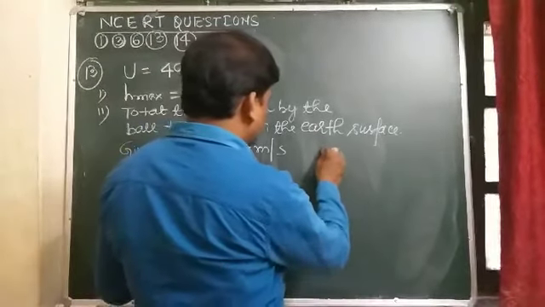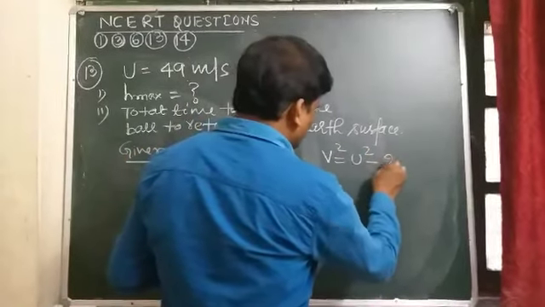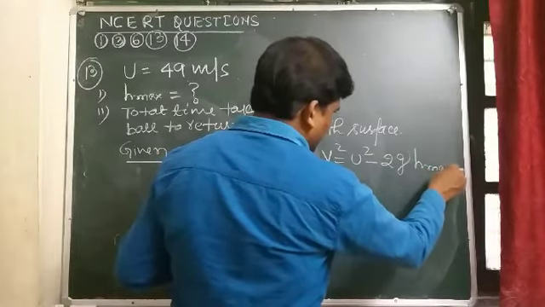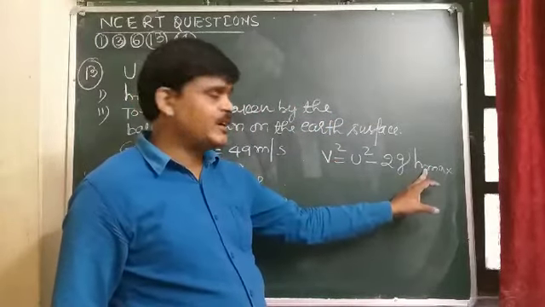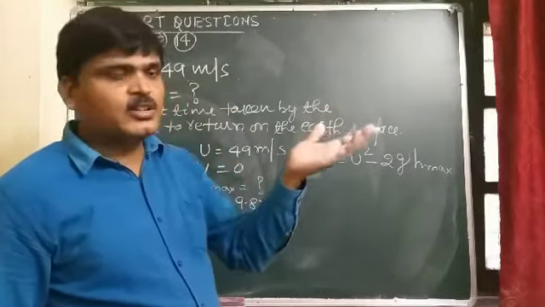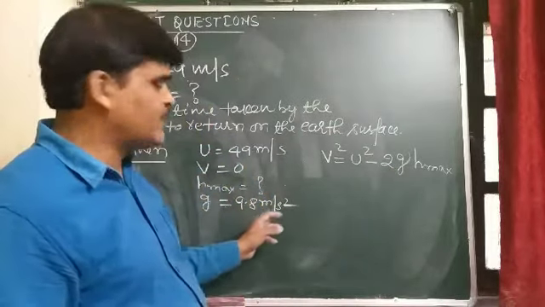So we use the formula v squared equals u squared minus 2 g h max. We have to find h max, the maximum height, and the negative sign is there because acceleration due to gravity is taken to be negative, and its value is 9.8 meter per second squared.